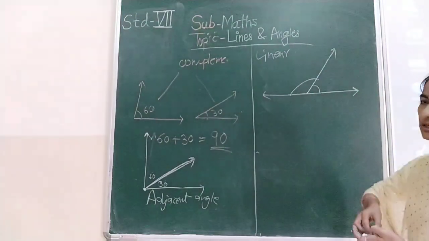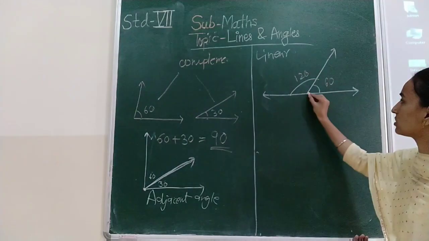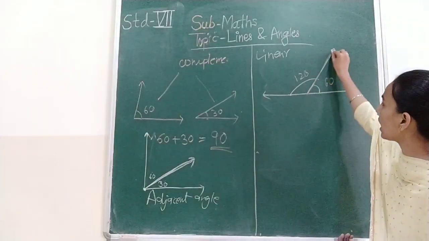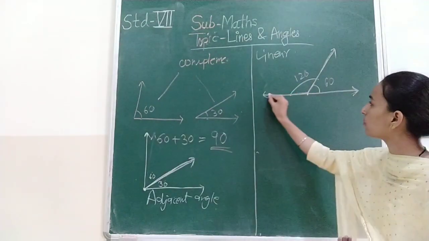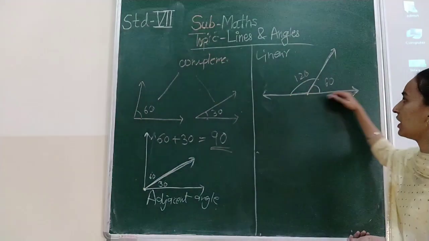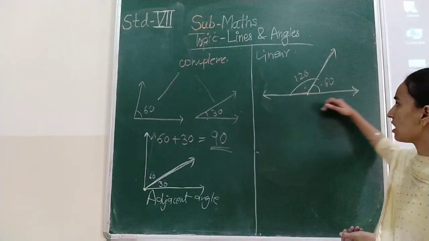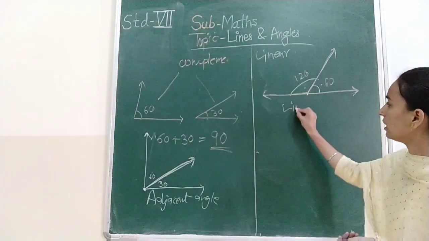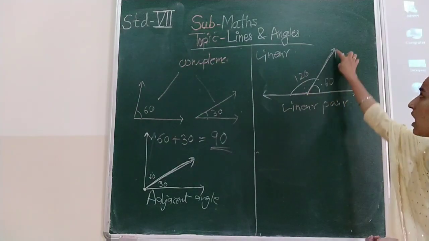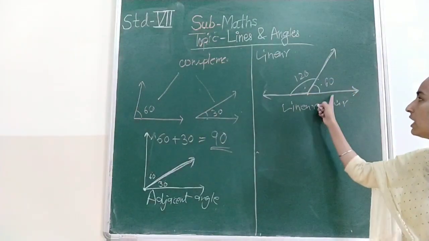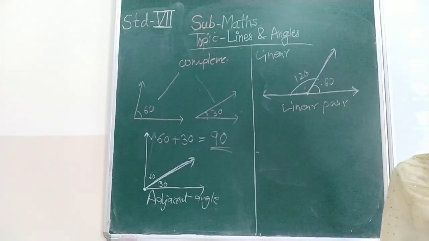Suppose this is 60 and this is 120. They have a common arm and vertex, but these two are opposite to each other. These two angles are in one line, so they are called a linear pair. Linear pair means their arm is common, but the rays are opposite to each other.